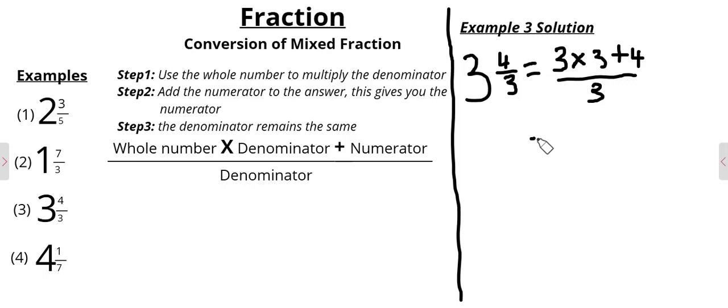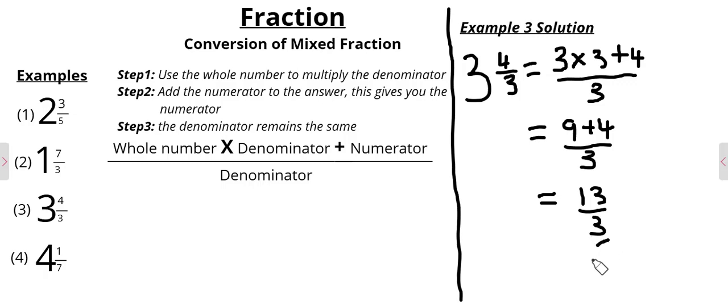So if we multiply 3 by 3, we are going to have 9. Now I'm adding 4 to it, all over what? 3. So 9 plus 4 is going to give us 13, all over what? 3. Straightforward. That's the answer to example number 3.